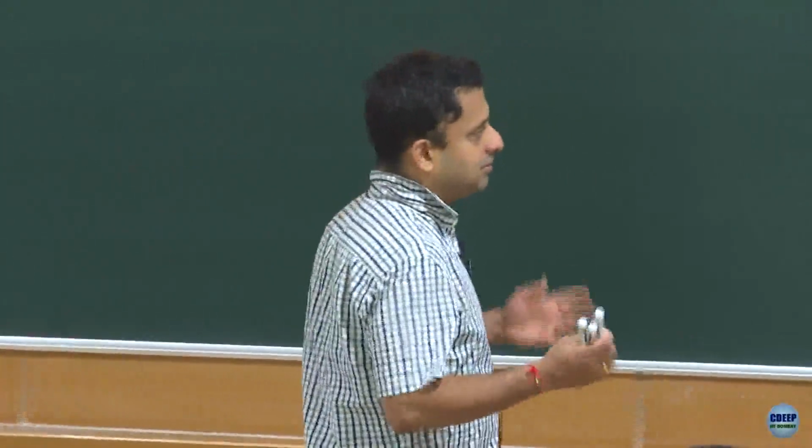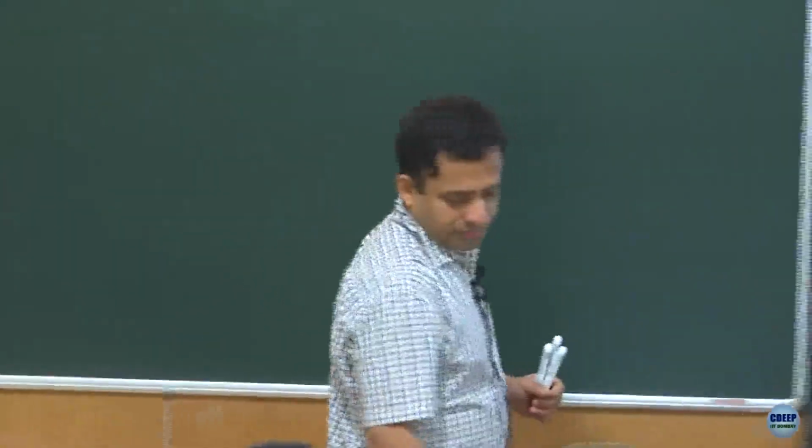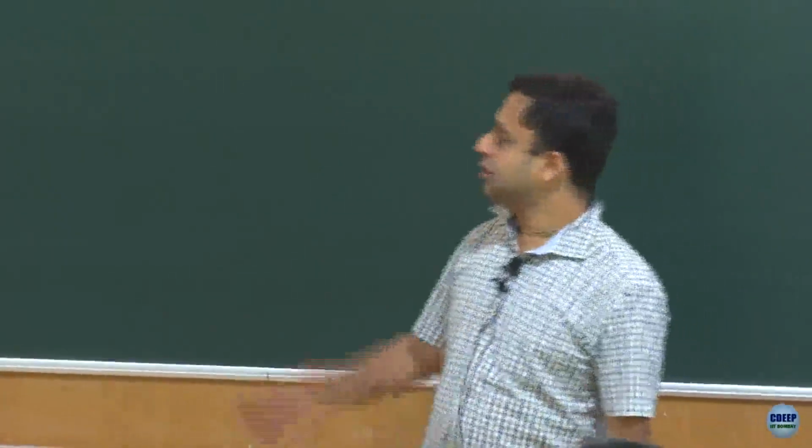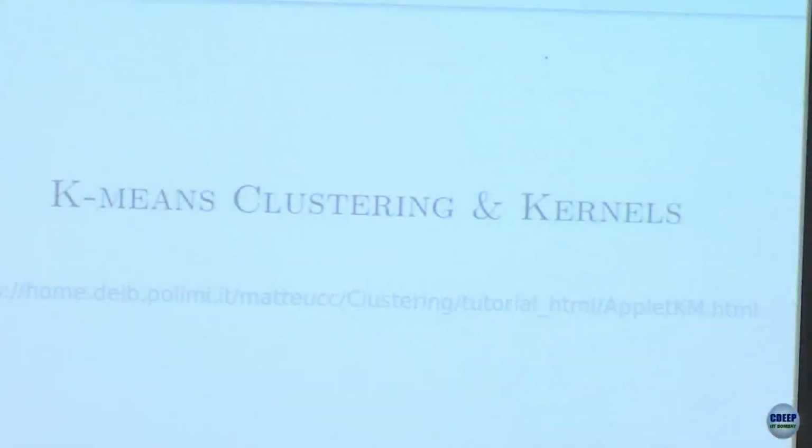Okay, so this is the broad space. So K means clustering was a specific example of a top down clustering approach, and you can try out K means in this applet. We will also see how you can kernelize K means.